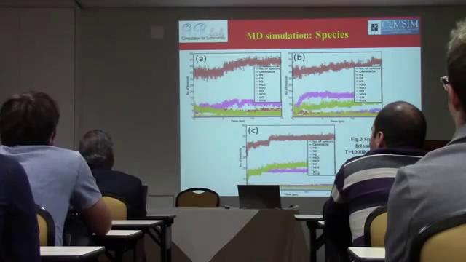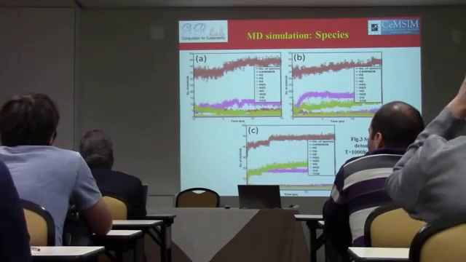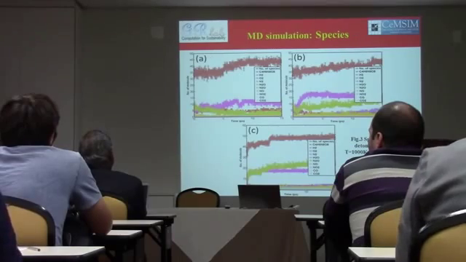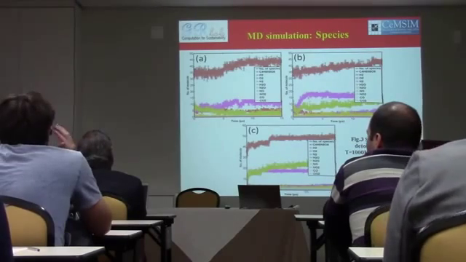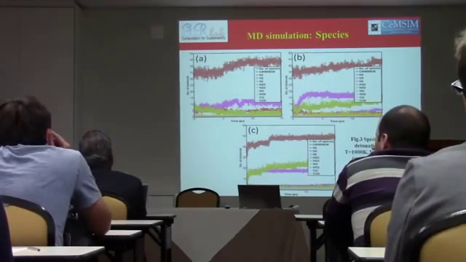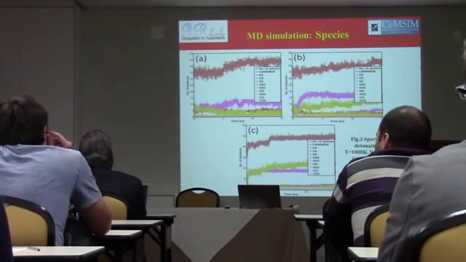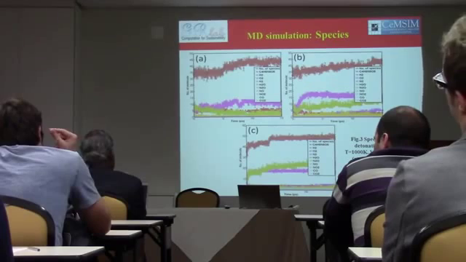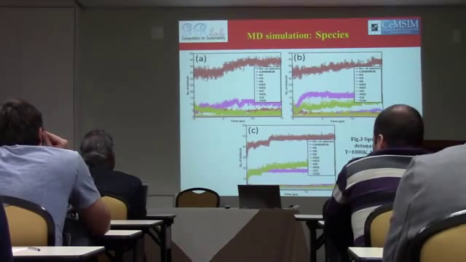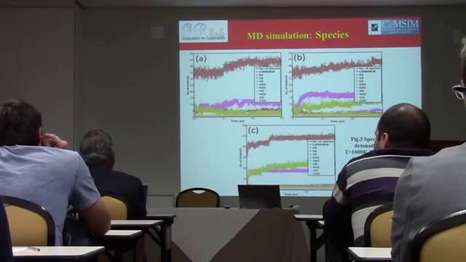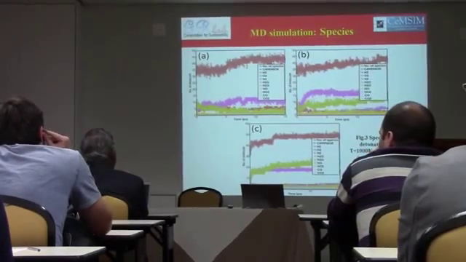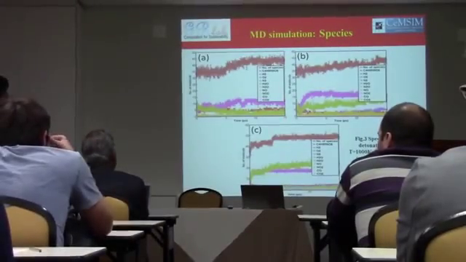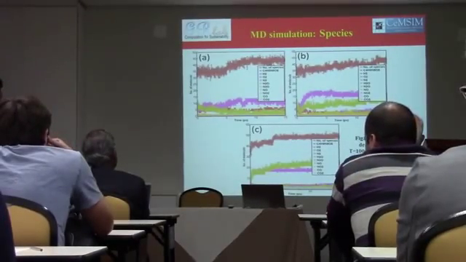In the MD model, we can go further to look at the product of the reaction. Here are three pictures with different compression rates. This is compression 1.1, this is 2, and this is 10, meaning I compress the material 10 times.